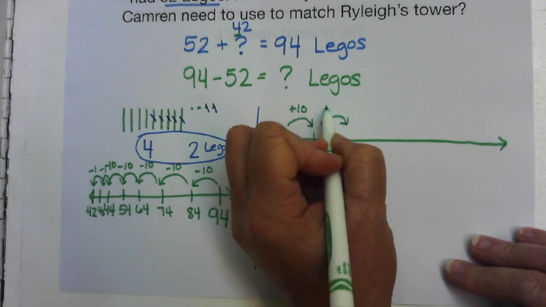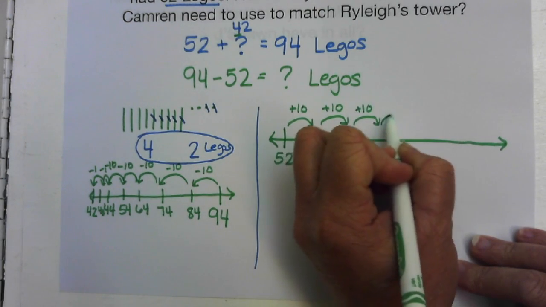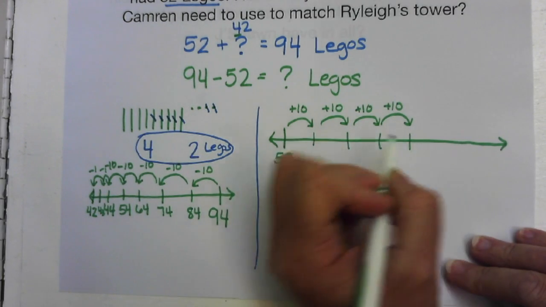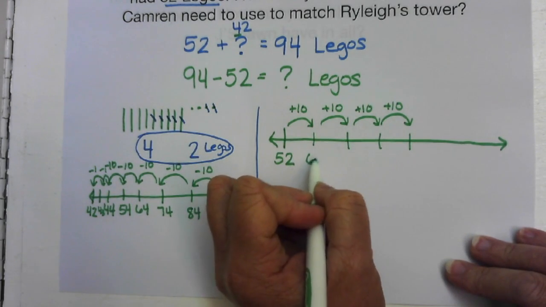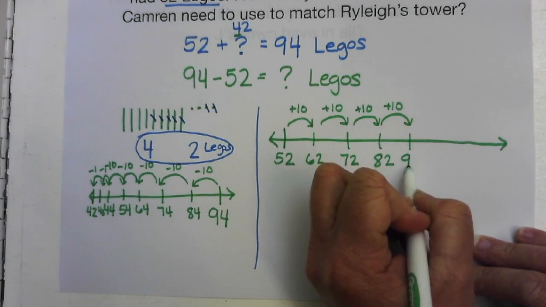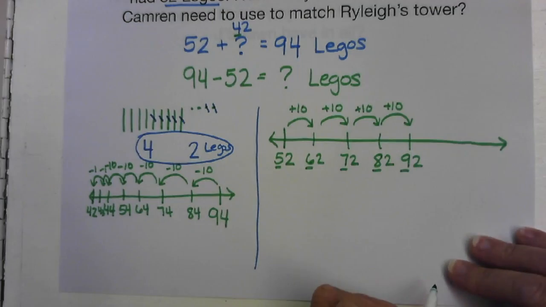And we're going to add 10 4 times because our new addend has 4 tens. 1, 2, 3, 4. So 62, 72, 82, and 92. If we go up in the tens place, just go up 1 every time.